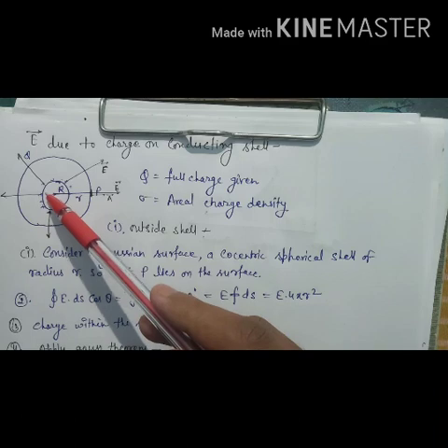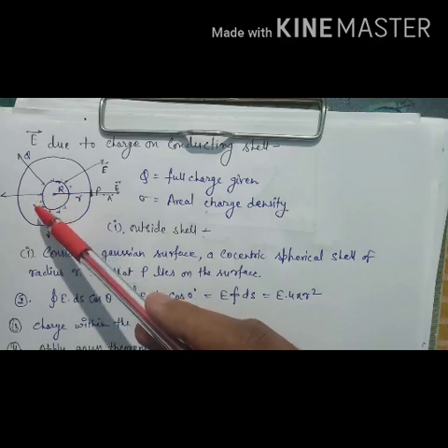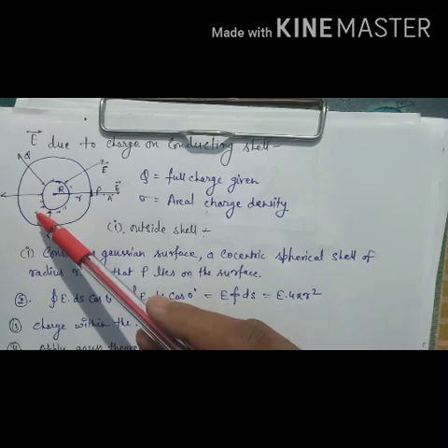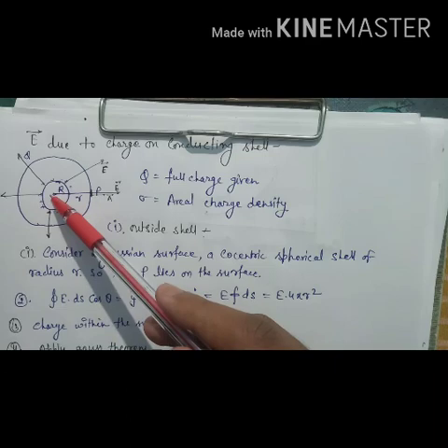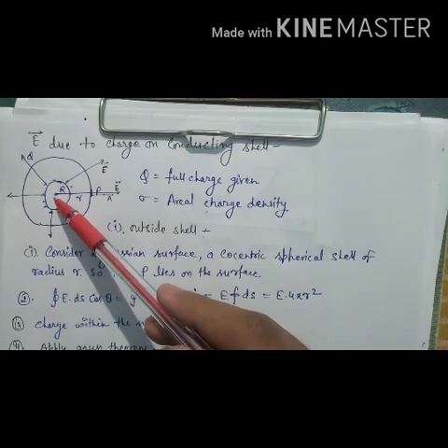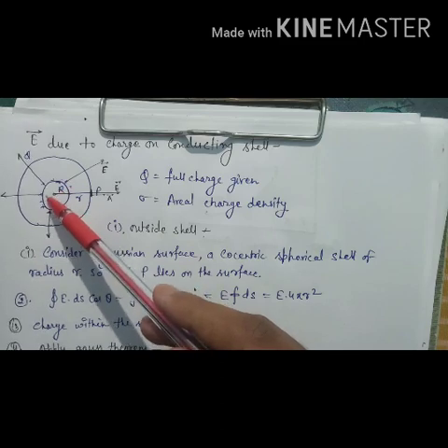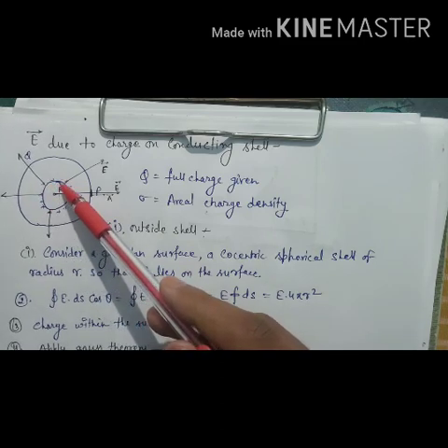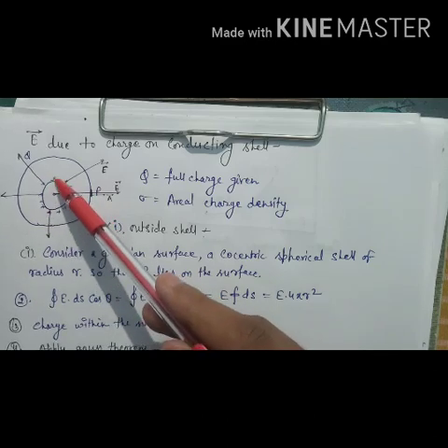So we can say for a conducting shell, the charge distribution, for electric field purposes, can be considered as a point charge placed at its center. It means the charge is on the surface and it is homogeneously spread out.